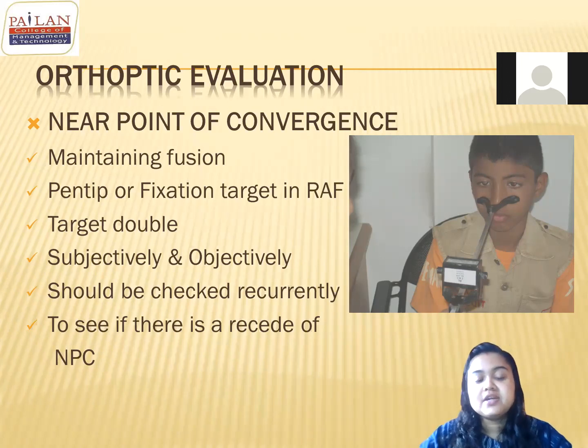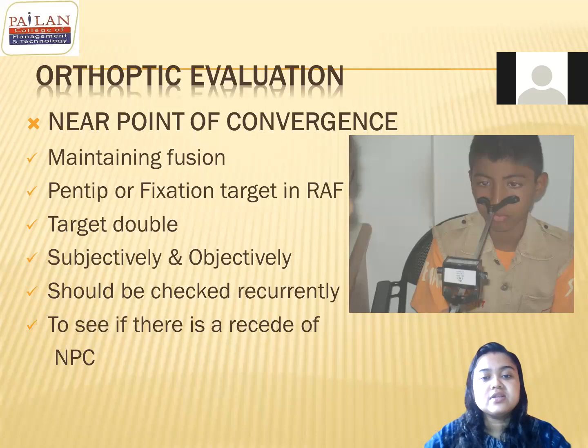Subjective near point of convergence depends on the subject's response, and objective near point of convergence depends on whatever you see or evaluate. Subjective near point of convergence means you take the measurement with the help of the RAF ruler. When the dot and the line are there, and the line gets doubled as you fix at the dot, it means your fusion is breaking.